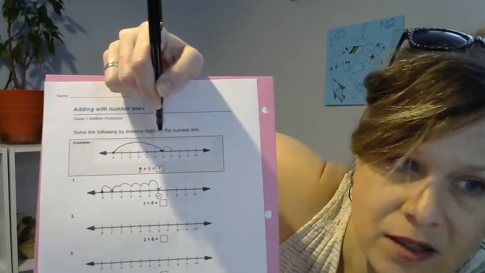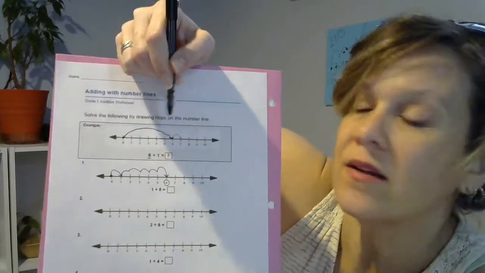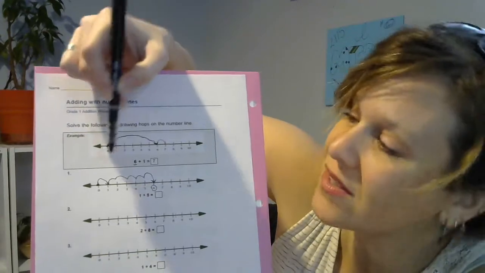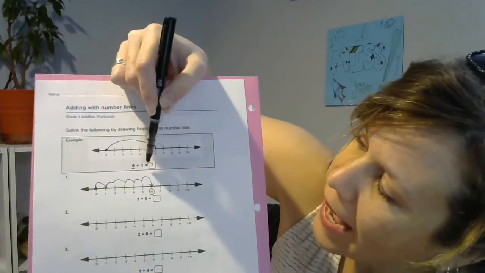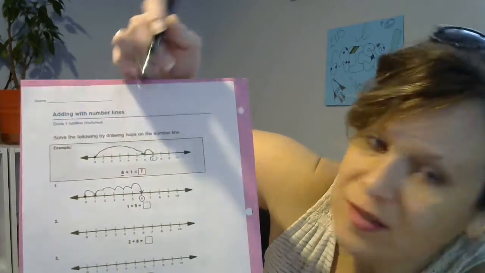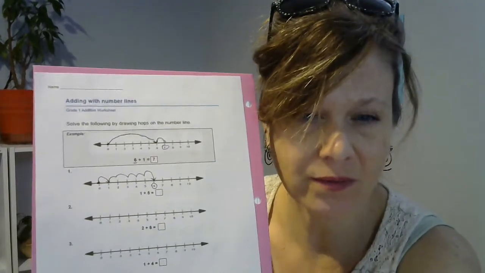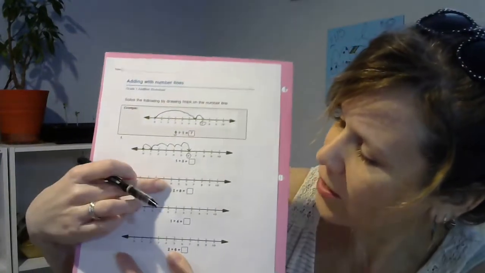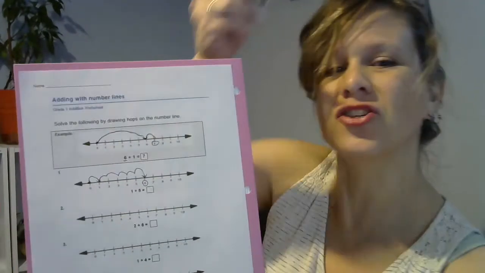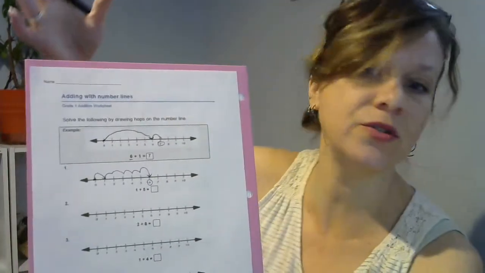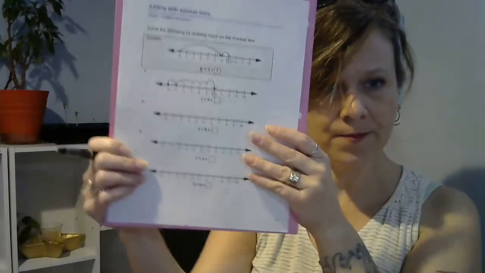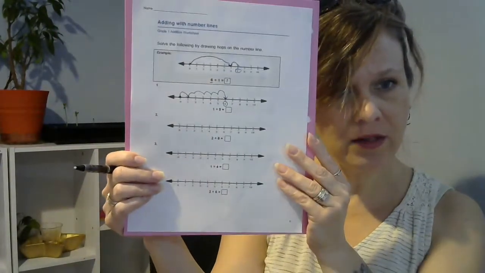You can look at it a little bit closer on your paper as well. They didn't have to count 6 hops. They just could see that first number 6 and they jumped all the way there. Then how many hops? 1 more hop. Boom, that puts them at number 7 for their answer. So down here where your first number is 2, a couple of times, you don't have to hop 2 hops. You can just jump right to the number 2 because you know where you're going to land for the first number. Adding with number lines.